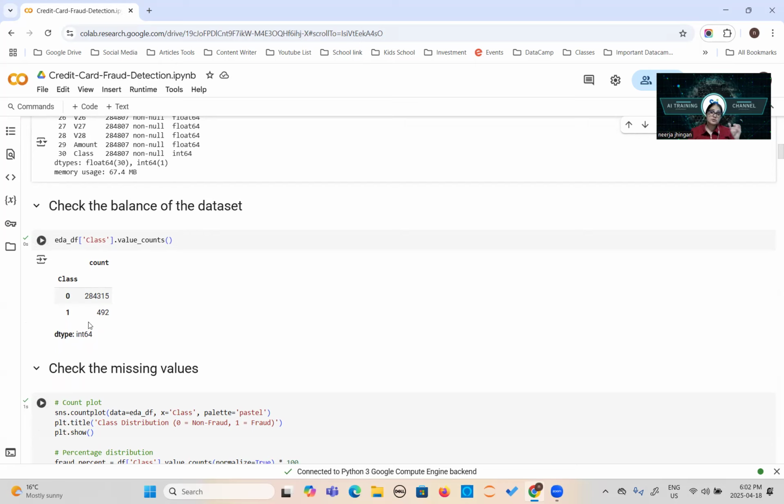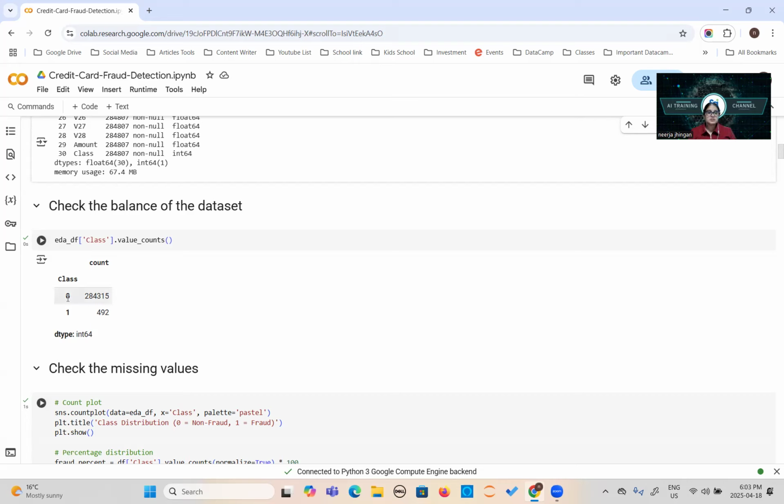Because if it is highly imbalanced, then your model can always be biased, because during training, the model will give priority and weightage to the classes whose records exist in your data set as a majority. So it will give the weightage to the majority class.